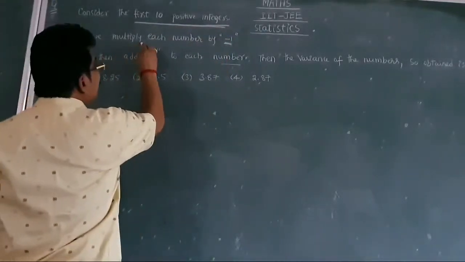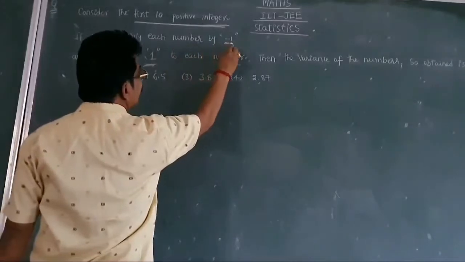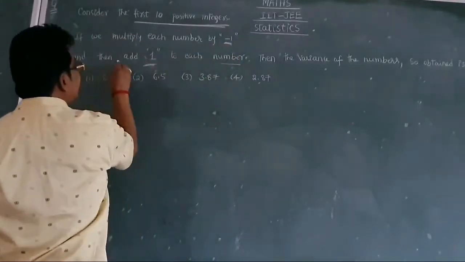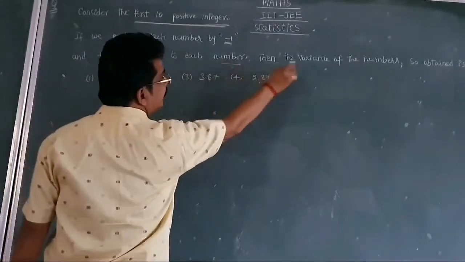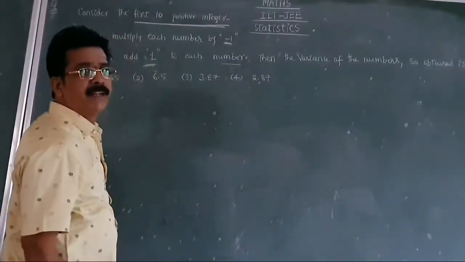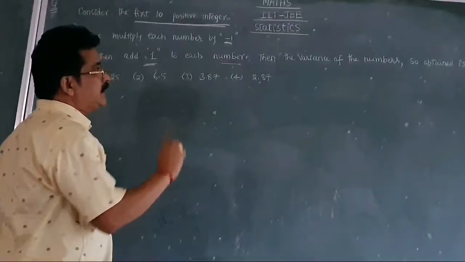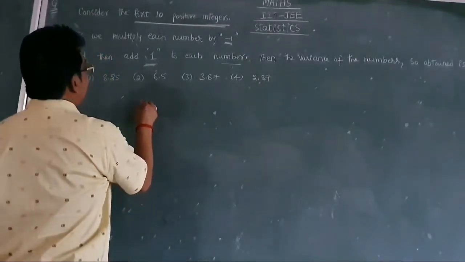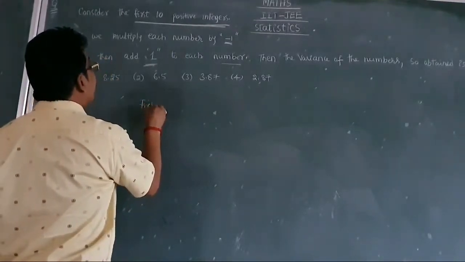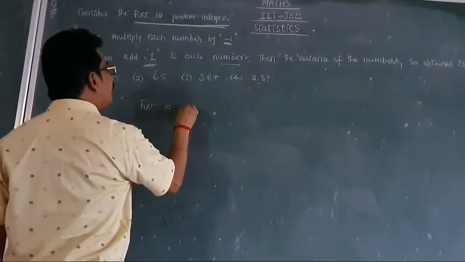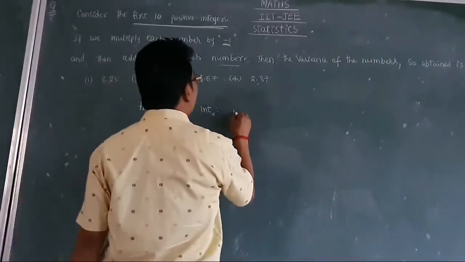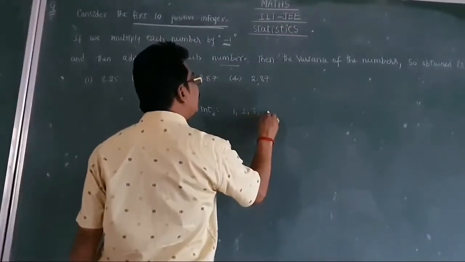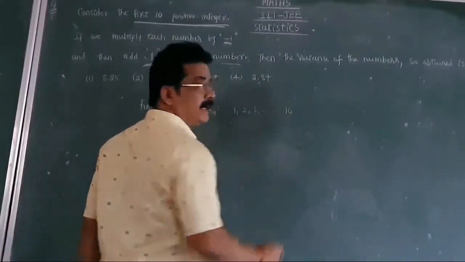Next question. Consider the first 10 positive integers. If we multiply each number by -1 and then add 1 to each number, then what is the variance of the numbers so obtained? First 10 positive integers, 1, 2, 3, and so on, 10.